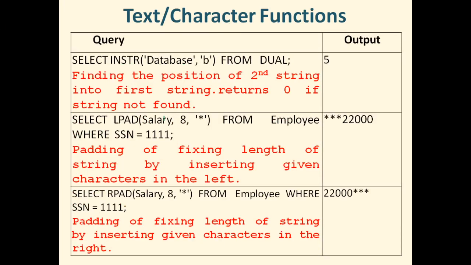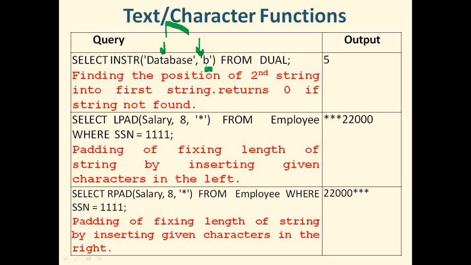There is one function, instr, and in this there are two strings, the first string and second string, as shown here. This instr function helps the user to search the second string in the first string. It tells whether the first string contains the second string or not.